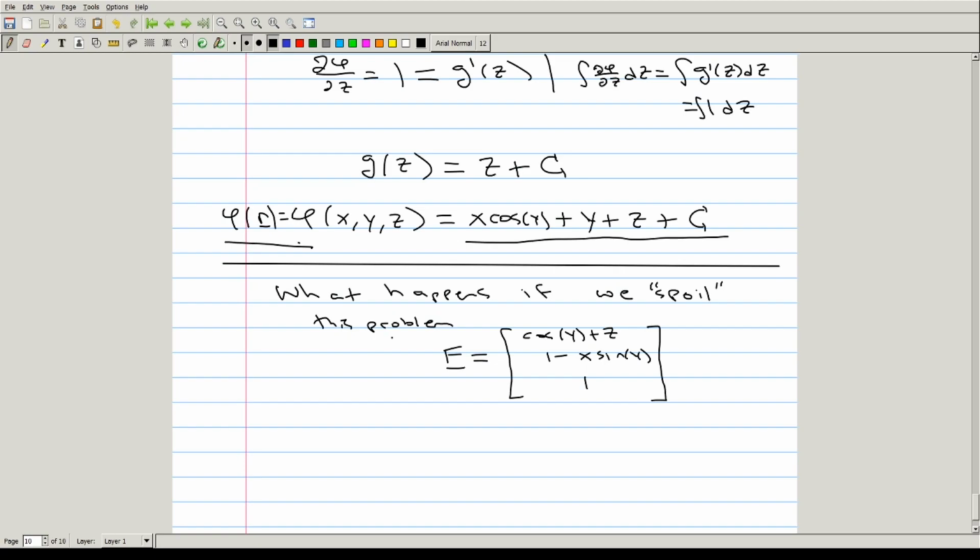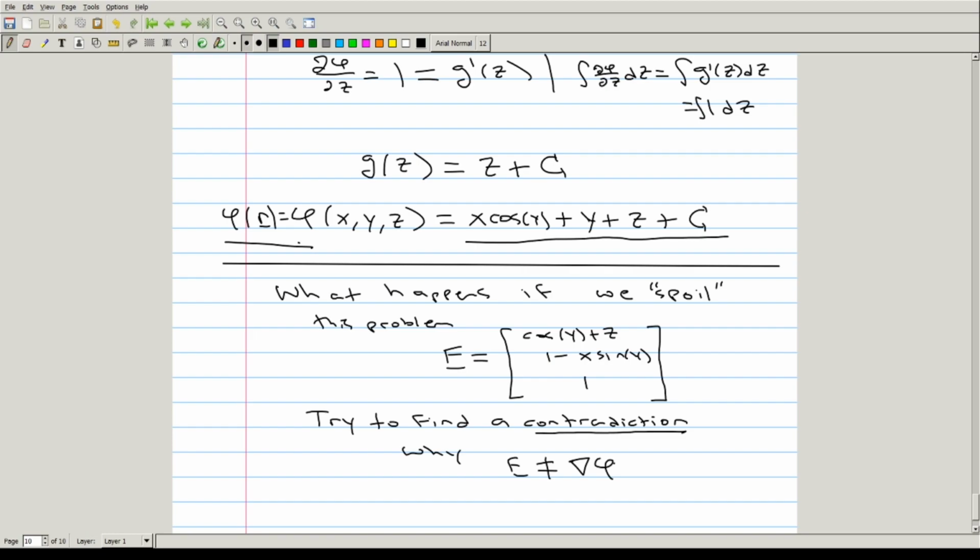And this is a good exercise because what you're going to want to do is try to find a contradiction. So try to find why F itself cannot be equal to the gradient of phi for any scalar potential for this example.